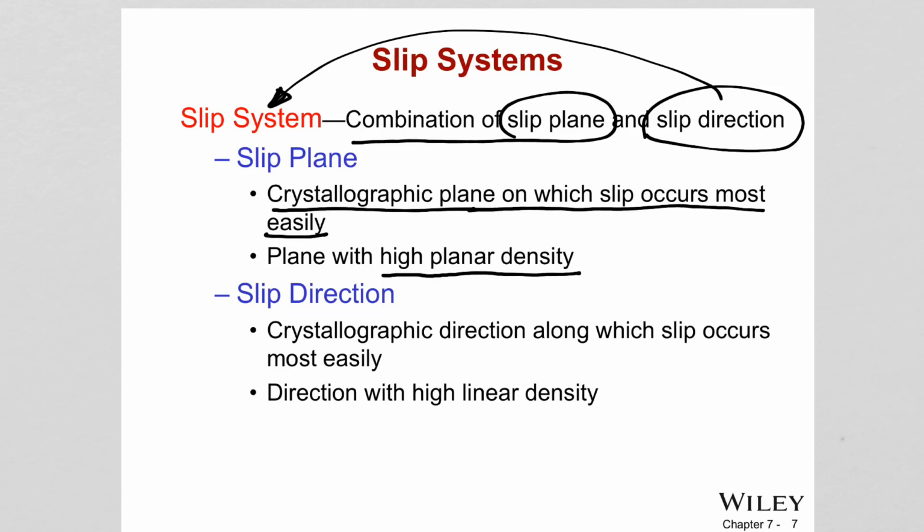Always the slip plane will be the one with the densest atomic packing, and the slip direction on that plane will be the direction where you have the most closely packed atoms, where you have the highest linear density. And we have learned what planar and linear atomic densities are. We were able to calculate those numbers for different directions and planes for different crystalline structures in chapter 3.